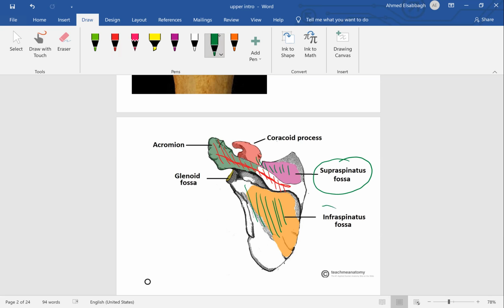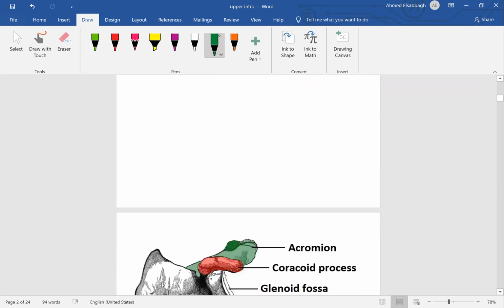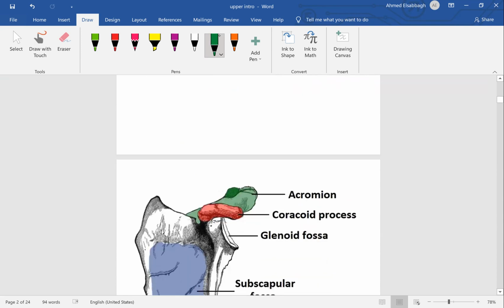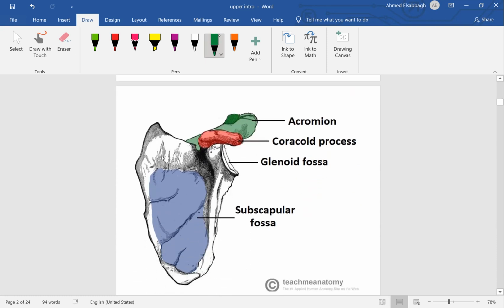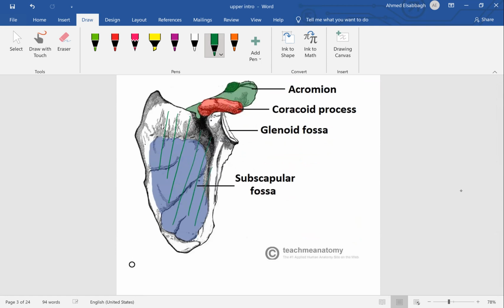The fossa below is called the infraspinatus fossa or infraspinous fossa. This is the dorsum, the dorsal surface of the scapula. This is the ventral surface of the scapula. Here we find this very large fossa, which is called the subscapular fossa.